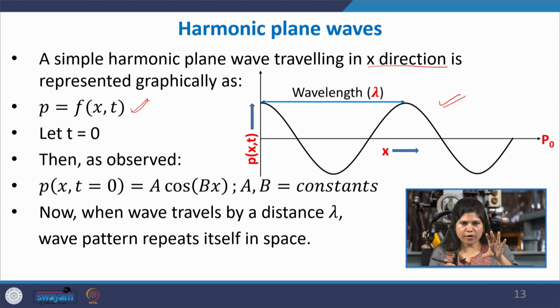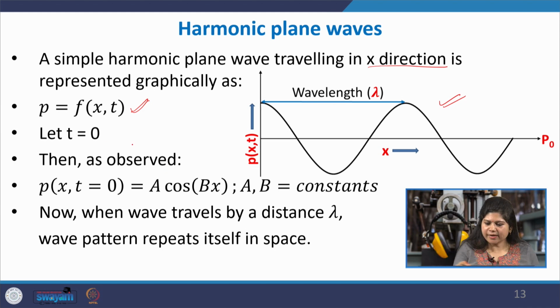We take a snapshot at a particular time instant and observe what the equation looks like when it varies with respect to space. In the second case, we will fix the spatial distance or x value, which means we fix a particular particle in the medium and only observe how that particle is moving and how its wave is varying with respect to time.